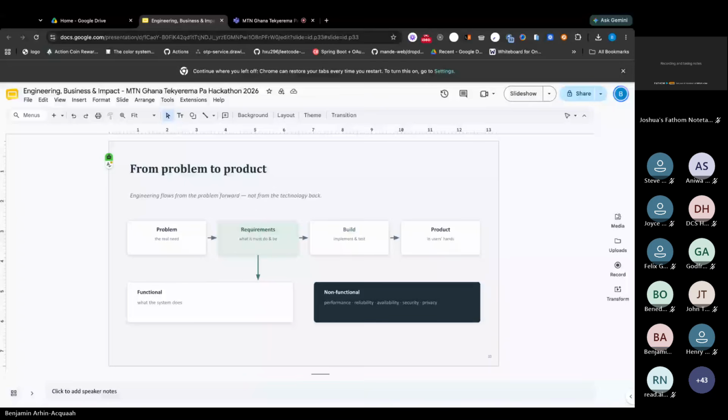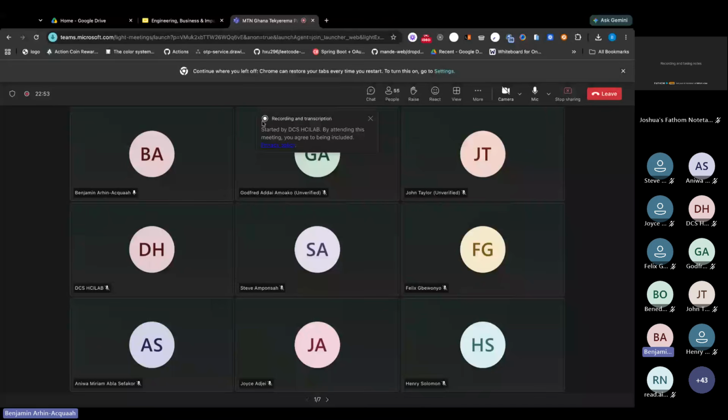If you have any idea what it means in the sense of a requirement for software, feel free to raise your hand or unmute. Speak. Anyone? Performance.